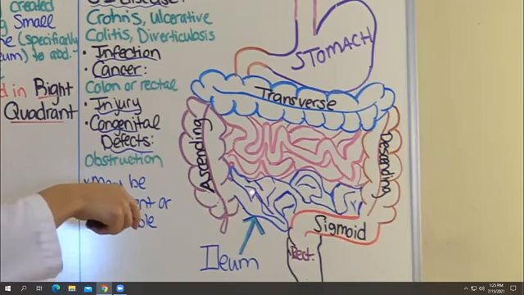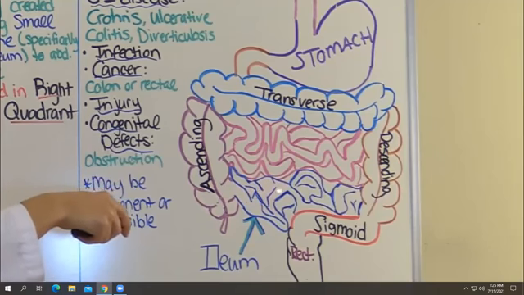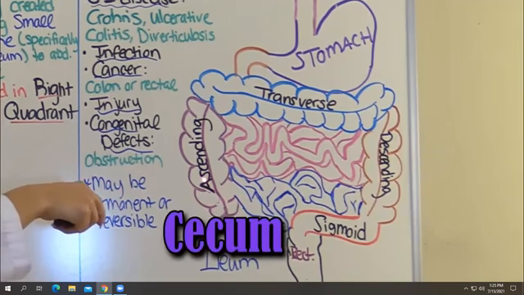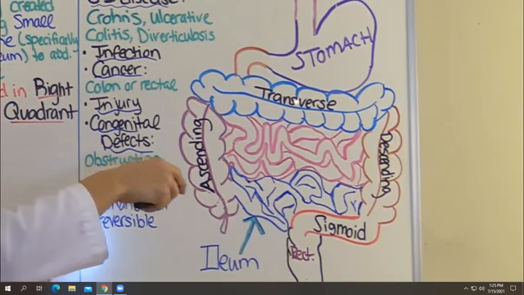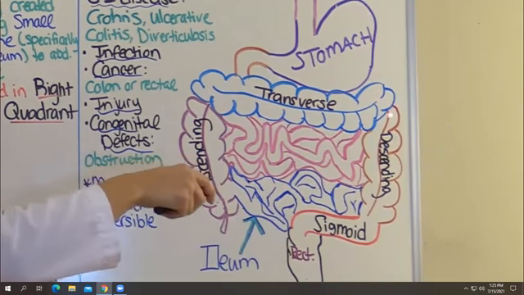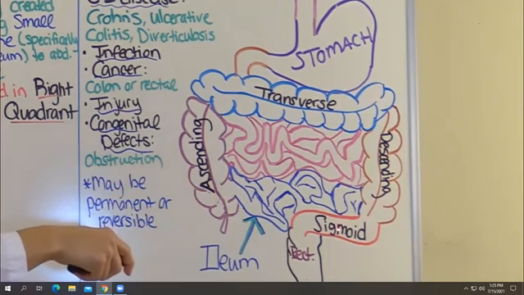Then the food will flow into the large intestine. And colon is also called large intestine. It's going to enter in through the cecum, up through the ascending colon, across the transverse colon, down through the descending colon into the sigmoid colon.